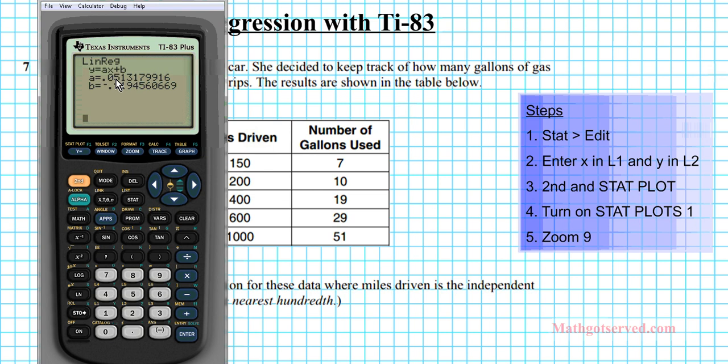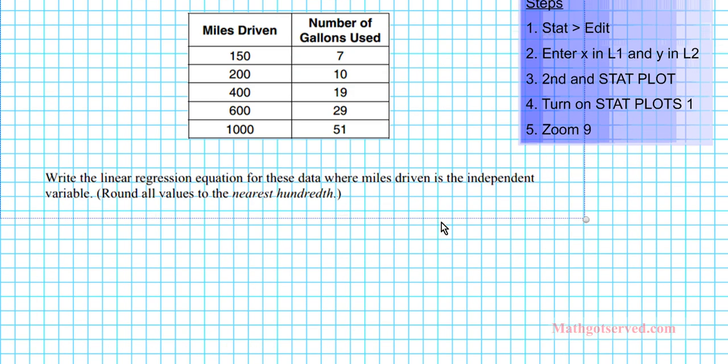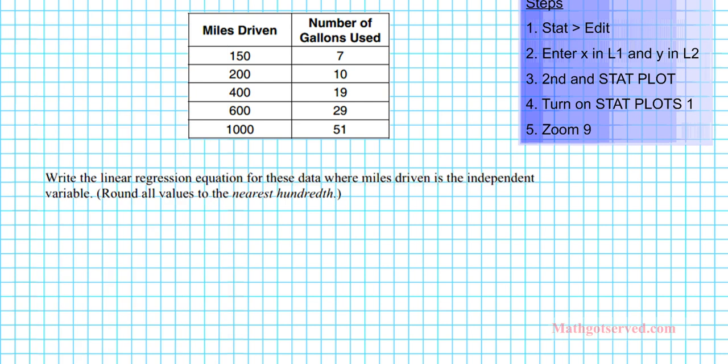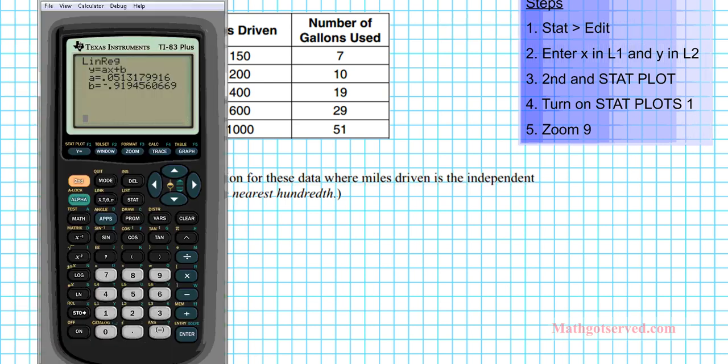Now, what's the significance of this? A is the slope m, and B is the y-intercept. All right, so we're going to write it down. Note that we were to round the answer to the nearest hundredth, or 2 decimal places. So we have A. Let's bring out the calculator.